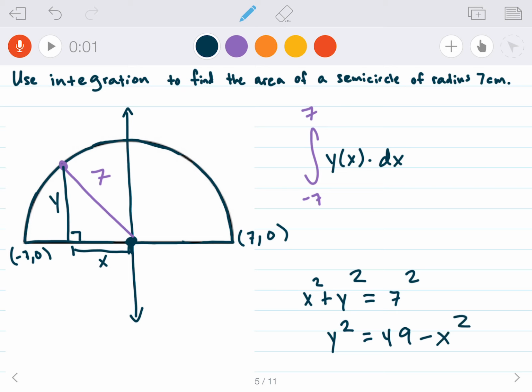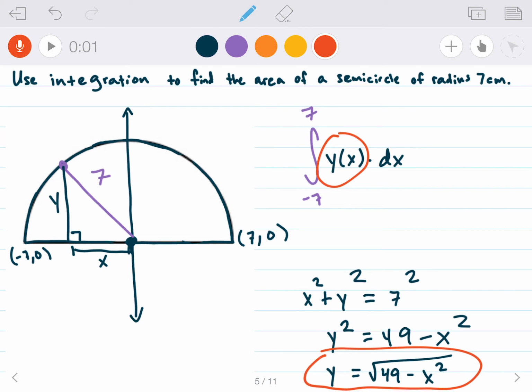If we square root both sides, y is the square root of 49 minus x squared. So we have just made y a function of x, y as a function of x. That's what we're going to put right here. Let's replace that with the square root of 49 minus x squared.